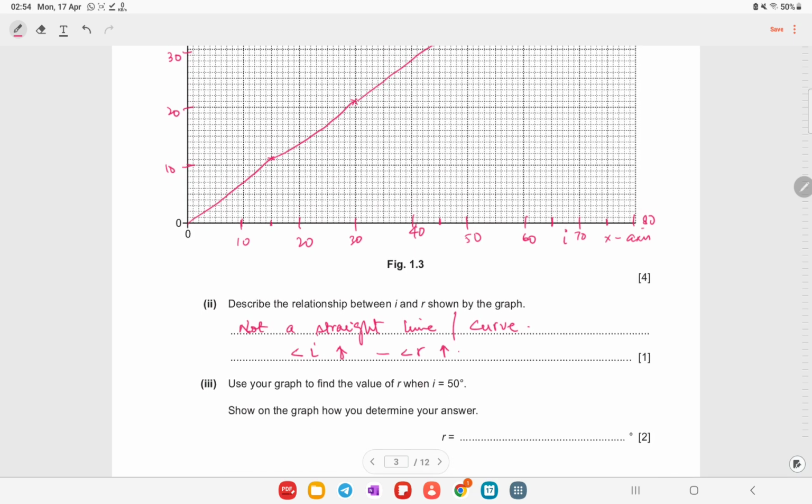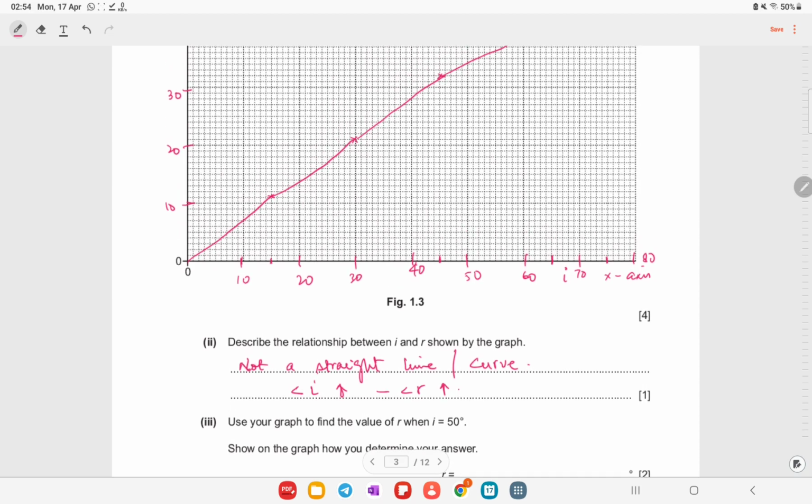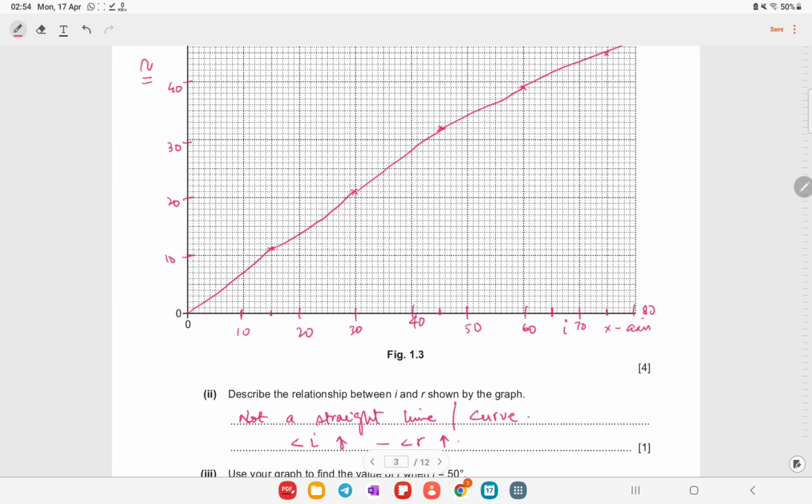Use the graph to find the value of R when I is equal to 50. So when I equals 50, you draw this line up to this point, and then across, and the value is around 34.